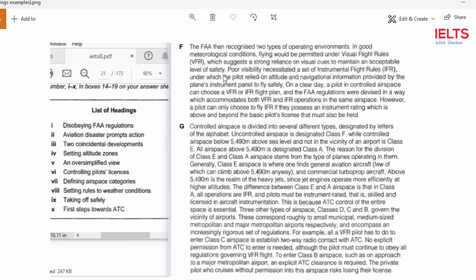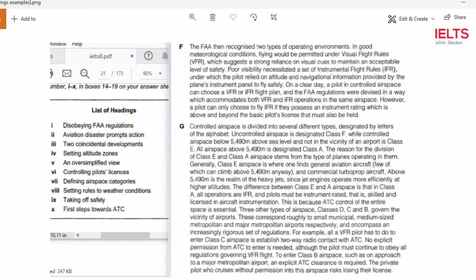Then he talks about poor visibility in the third sentence. So he said good conditions, we have visual, and meteorological, that means the weather. So we go to the list of headings again.